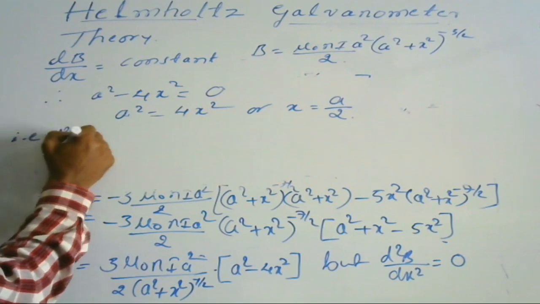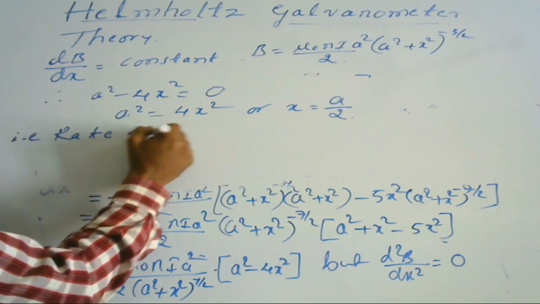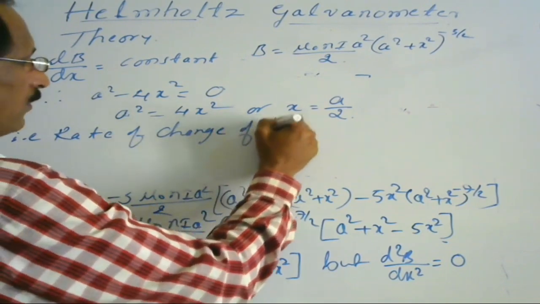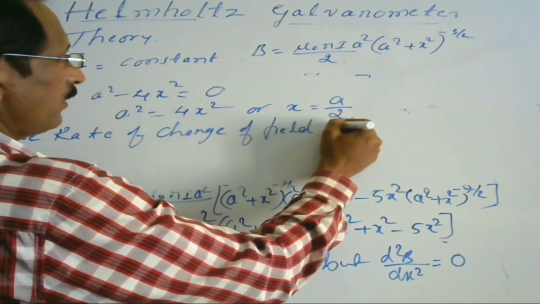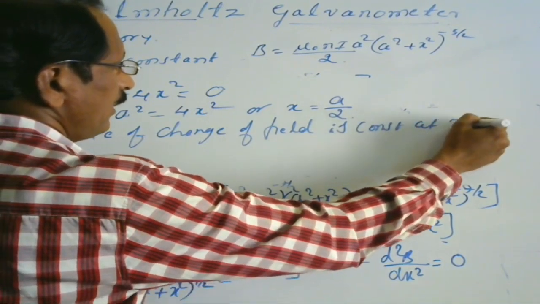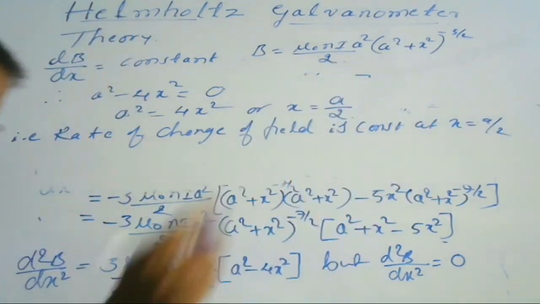That is, the rate of change of field is constant at x is equal to A by 2.